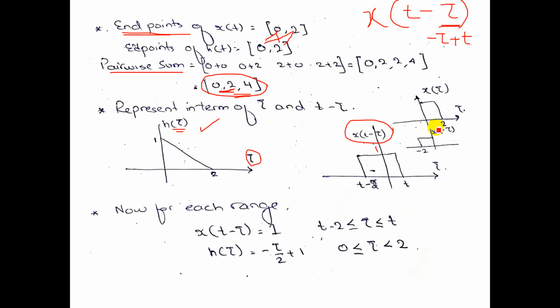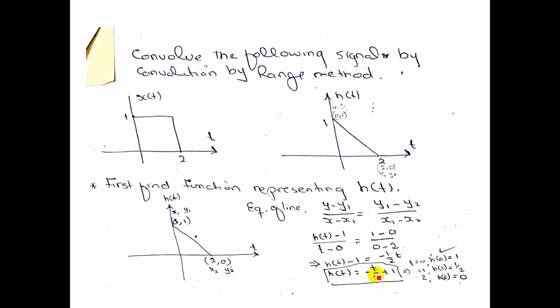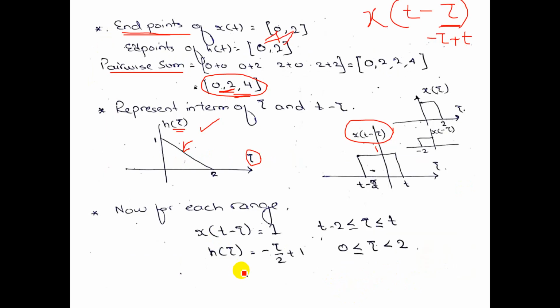Similarly, we already calculated this function, only instead of t, I will replace t with tau. So h of tau equals minus tau by 2 plus 1 between 0 and 2. So from these two signals, we were able to write x of t minus tau and h of tau.